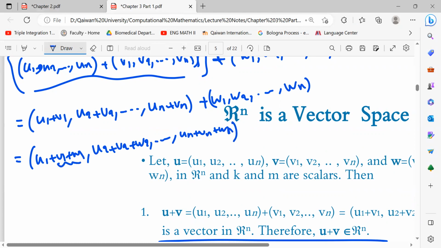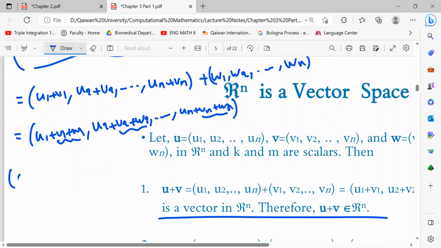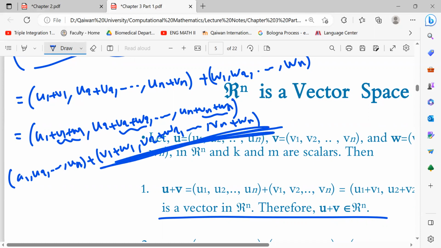Now we can separate these and keep u alone. What we get is u1, u2 up to un plus v1 plus w1, v2 plus w2 up to vn plus wn. What's this? Can you say it is v plus w?